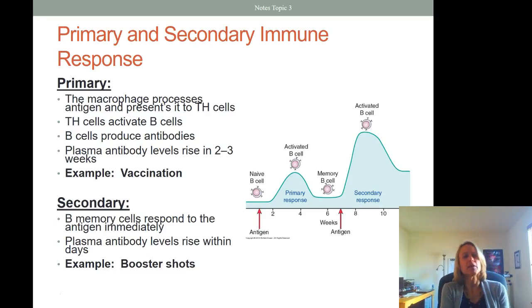Okay, let's talk about the difference between a primary and secondary immune response. So primary immune response is the first time that the body's been exposed to that antigen.